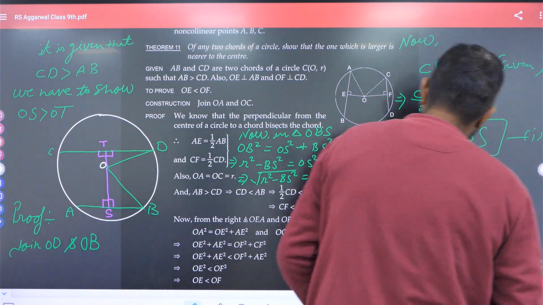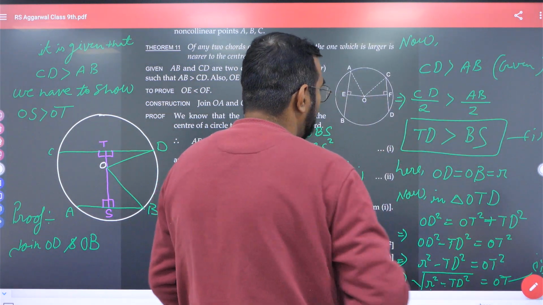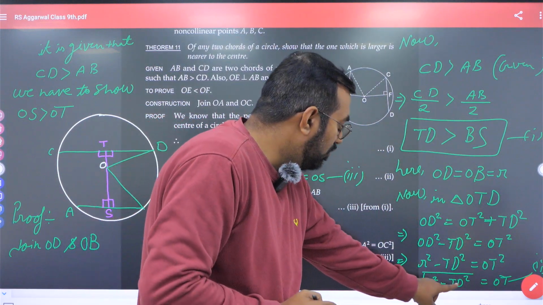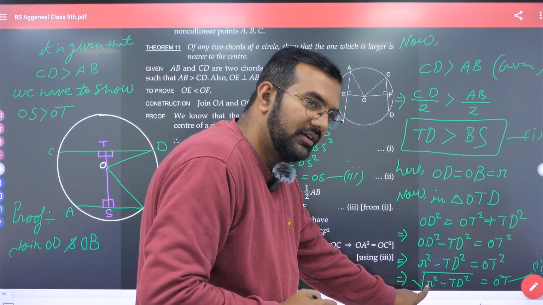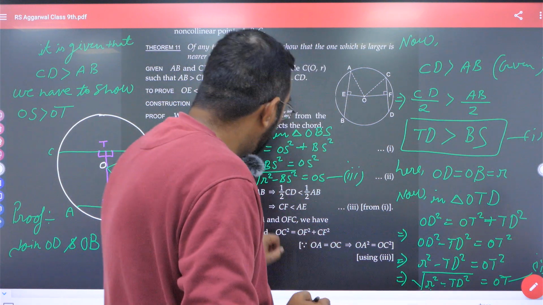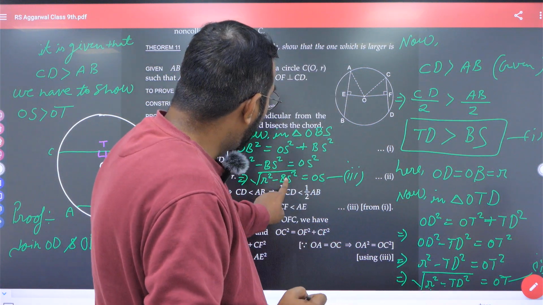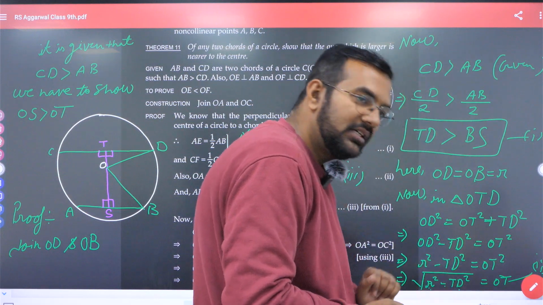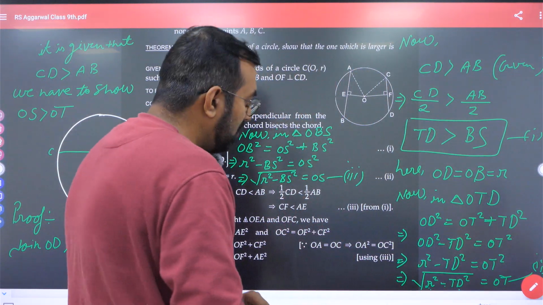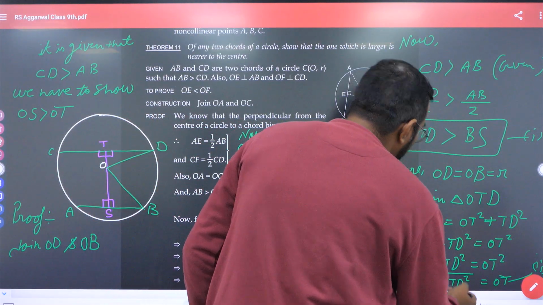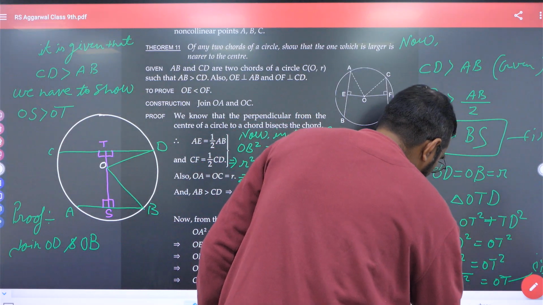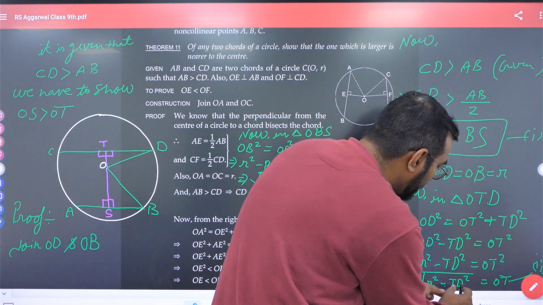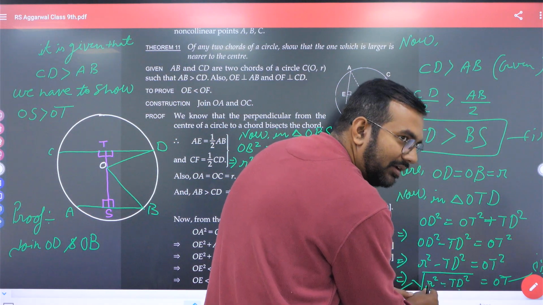TD is greater than BS, right ना? तो subtracting more from a given number, OS is R square minus BS square and OT is R square minus TD square. So we are subtracting more in which case? In this case, right na?